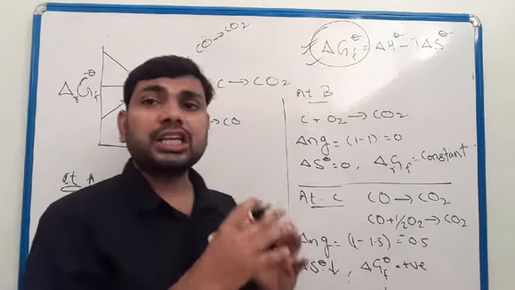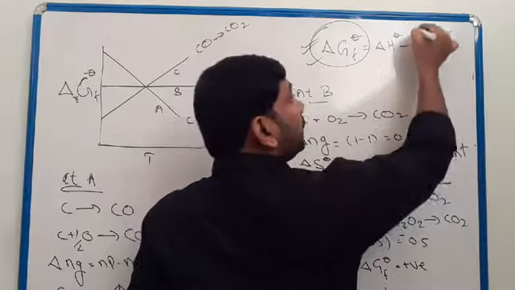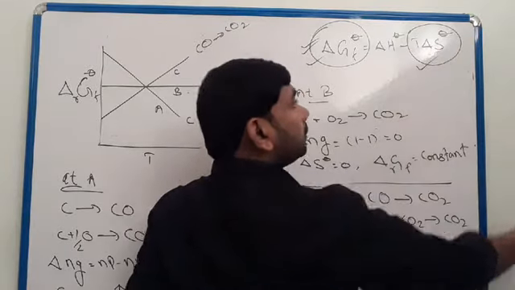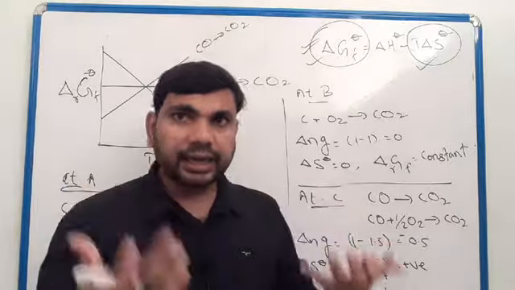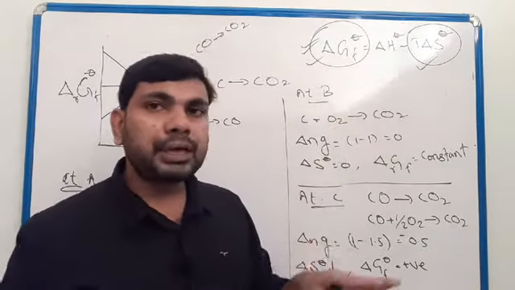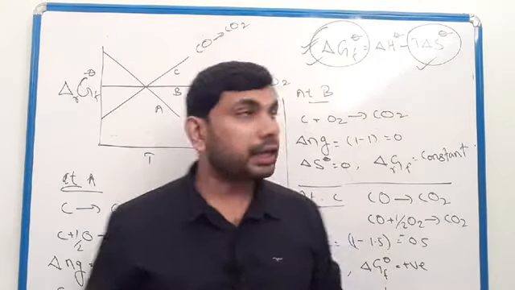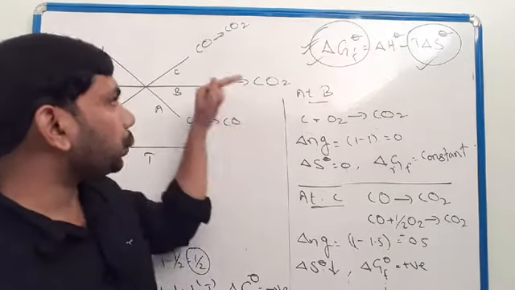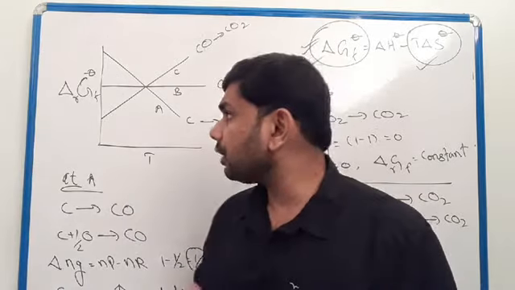To become delta G negative, we know the T delta S value must be higher and delta H lower. Then delta G becomes negative and the chemical reaction will be spontaneous. Based on this concept, we can explain these things. Clear? So I will come back to this.